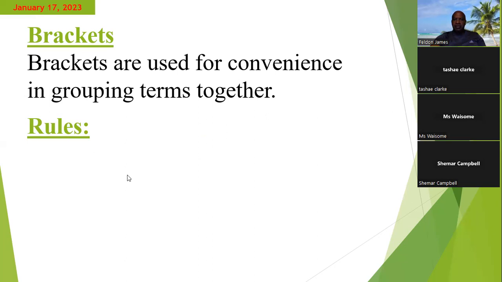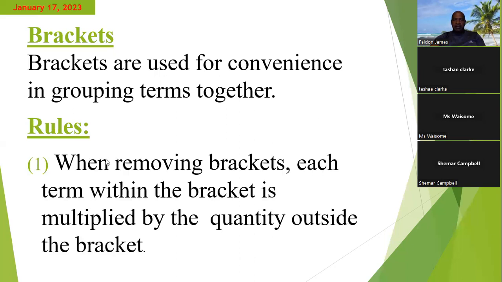There are some rules that we have when we are removing brackets. And the first one is when removing brackets, each term within the brackets is multiplied by the quantity outside the bracket. Now, basically what this is really telling you is that you should apply the distributive law.